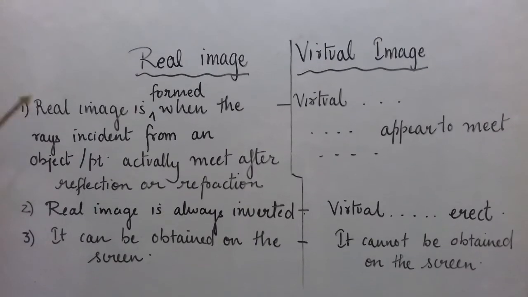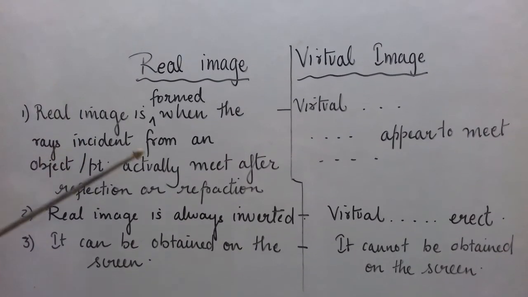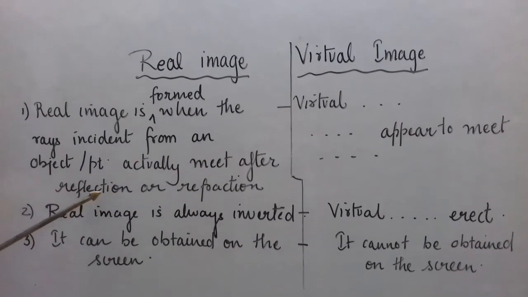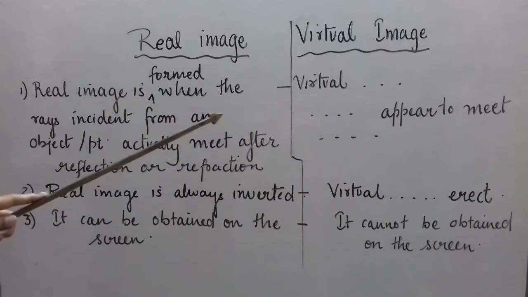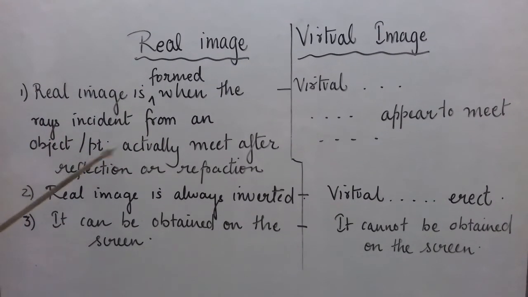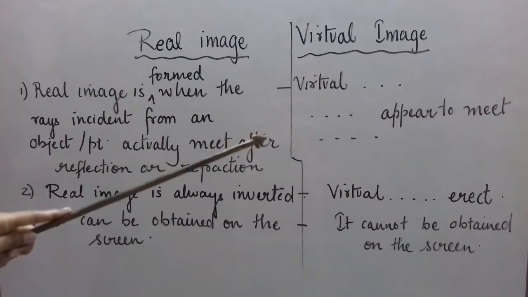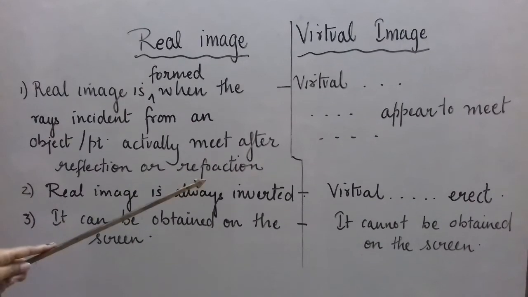On the other hand, a virtual image is formed when the rays incident from an object or point appear to meet. They do not actually meet. They appear to meet after reflection or refraction.